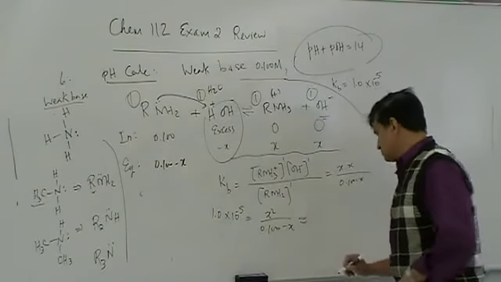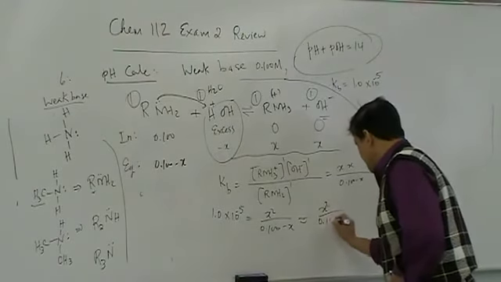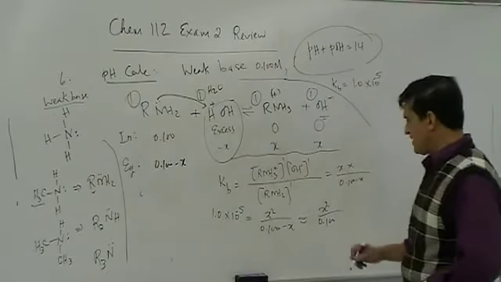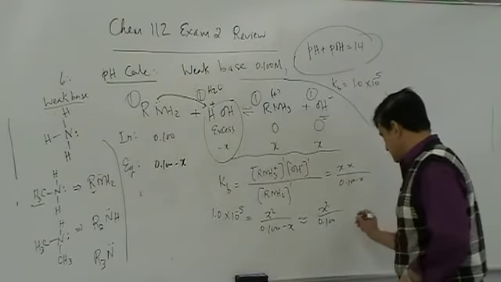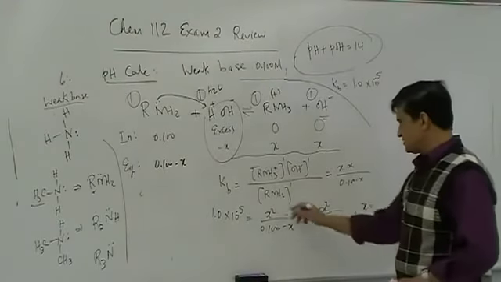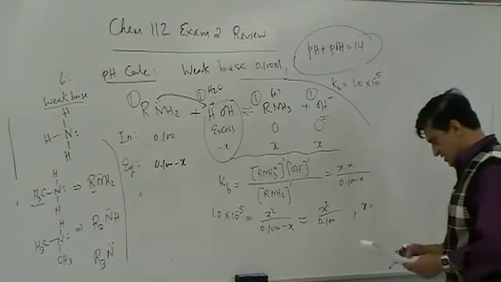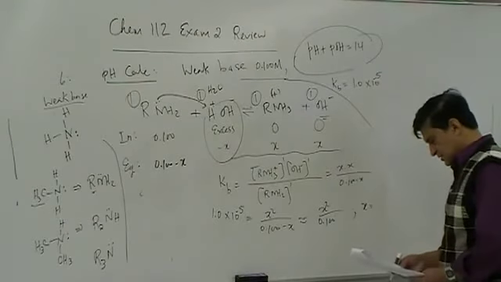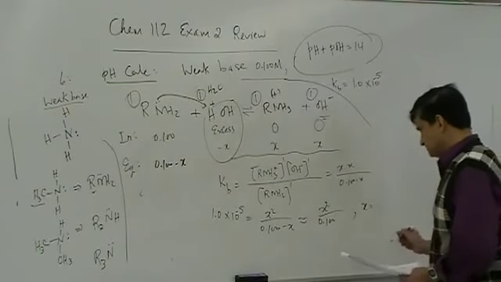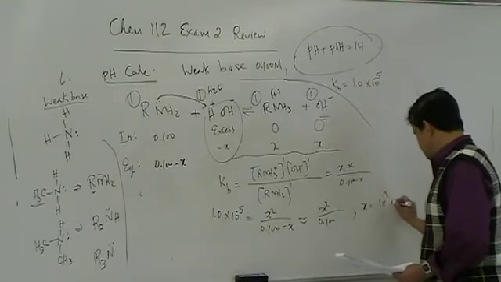For the time being, let's assume that is the case. That would make me do this problem much faster. Then we can check back whether X is indeed that small. From here I can get the X value, take the square root, and the value I got is 10 to the negative 3 molar.